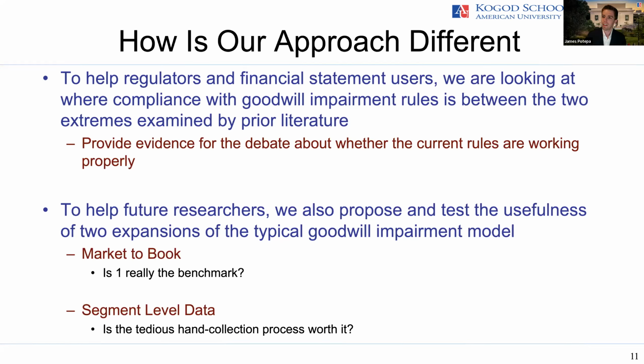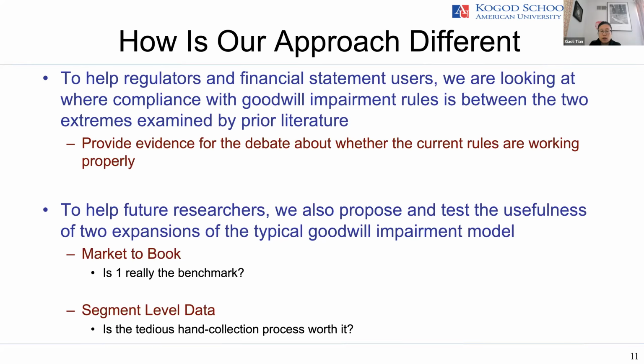Yes, Shelley? James, to help future researchers build this goodwill impairment model, have you looked into whether it's helpful to add SEC comment letters into the model? When prior literature built the goodwill impairment model, I think the SEC comment letters were not widely available, but now they are.